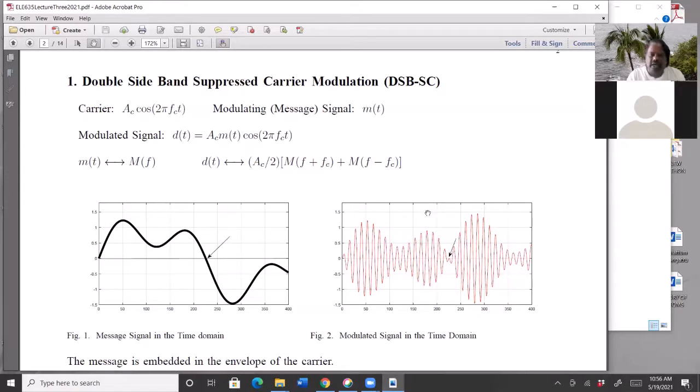Now you see already there is a minor issue. The audio signal was of this shape and that shape is right here. So in the receiver, we are going to demodulate this and recover this based on this envelope. And some of you may know how to do this. All you have to do is send the received signal through a rectifier and it will get rid of the negative parts.